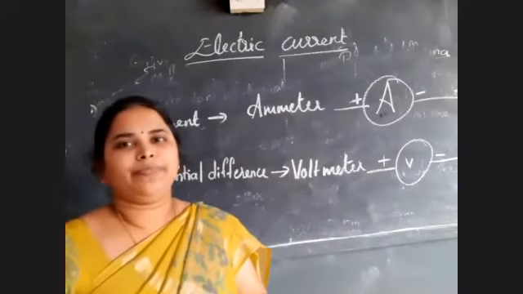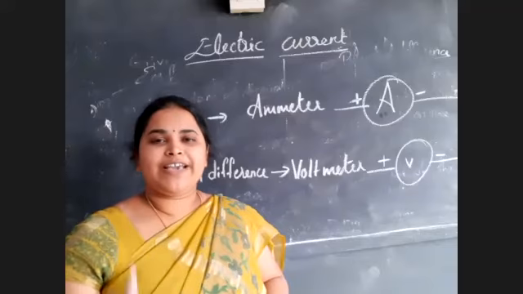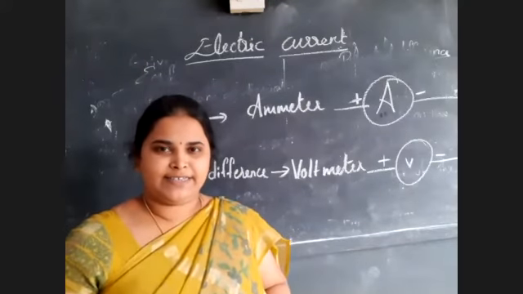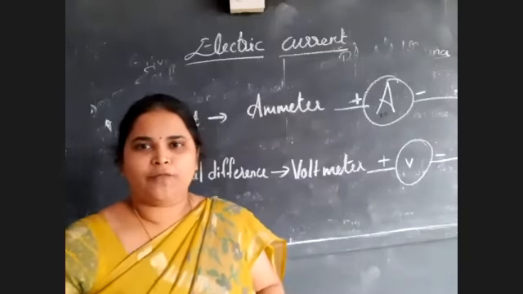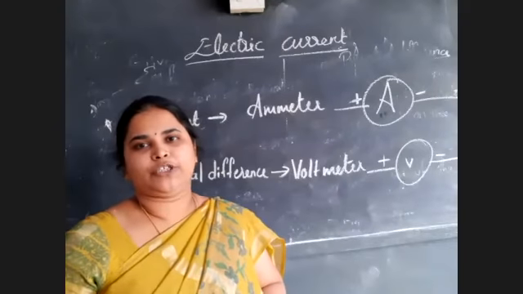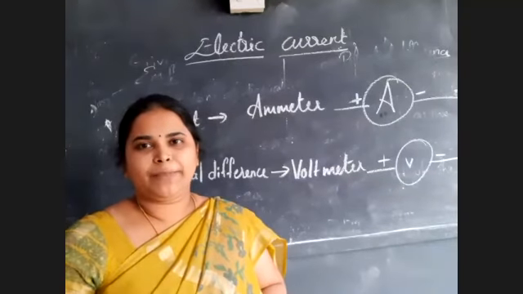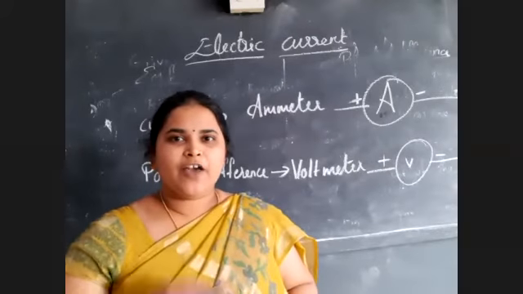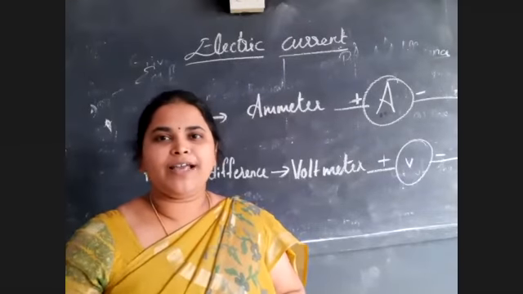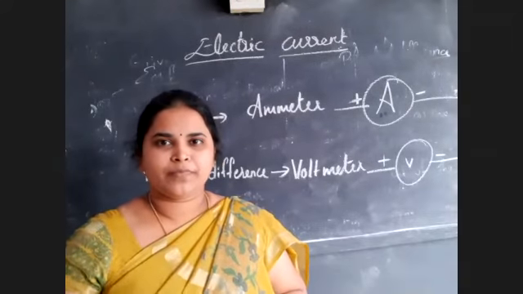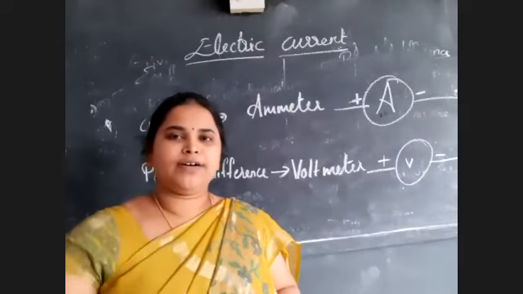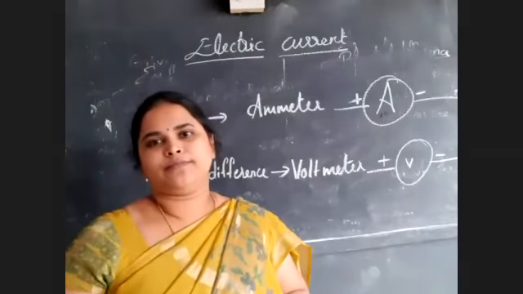And remember one thing, ammeter is always connected in series with the components of the electric circuit. Once again, I will repeat. Ammeter is always connected in series with the components of the electric circuits. This is very important when you draw the circuit diagram for Ohm's law.